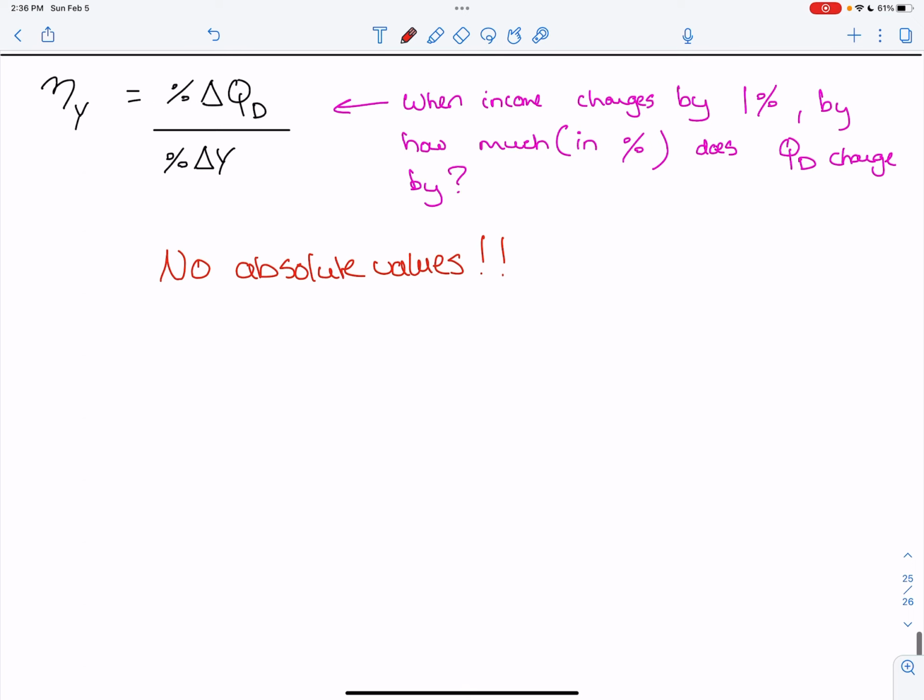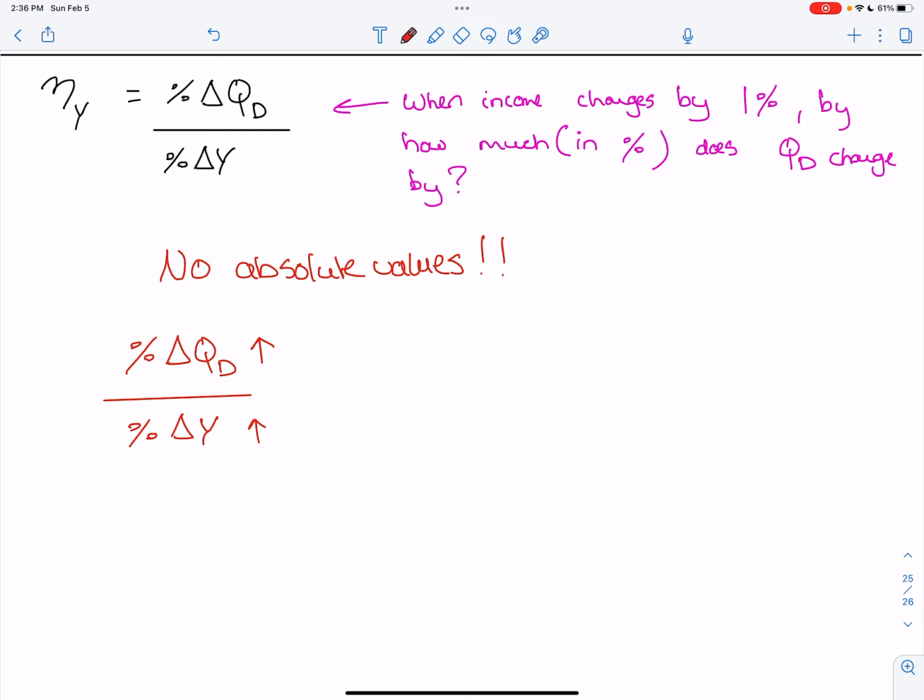So, for example, okay, let's just write down the formula here. Let's say that when income went up, quantity demanded went up, right?